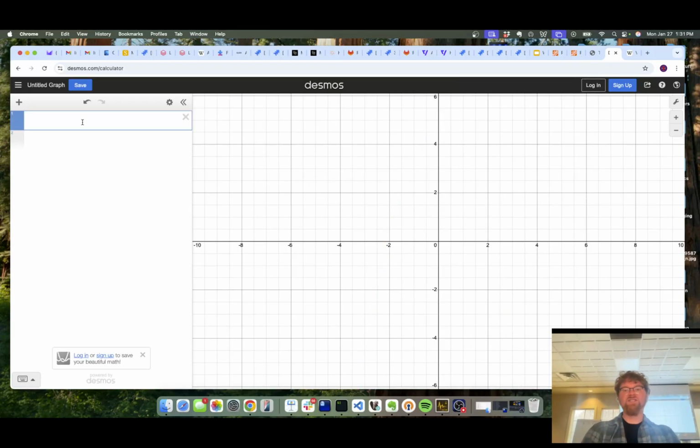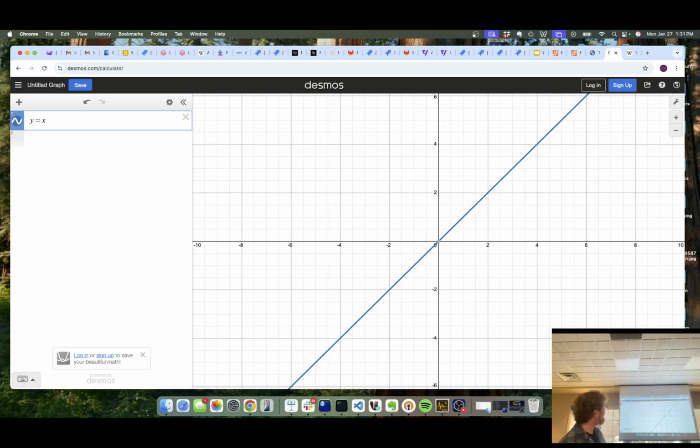So graphing a function works like this. y equals x. Basically, this is a way of showing what a math function looks like. This is called the x-axis, and this is called the y-axis. The way it works is you plug the values of x into a function like this, and it gives you the y.